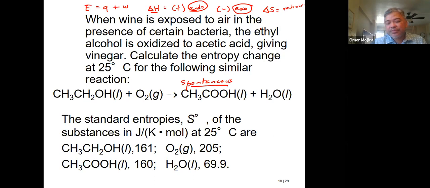What they observed is that all spontaneous processes usually become more disordered. So if delta S is a positive value, it becomes more disordered. And if you have a negative delta S, then it becomes more ordered.